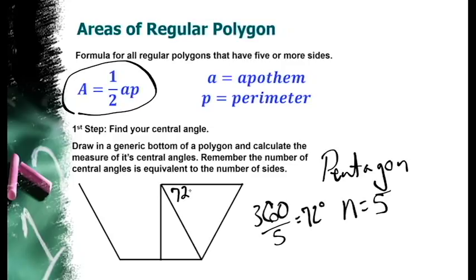So each central angle is going to be 72 degrees. Now remember that the apothem cuts the central angle in half, so half of 72 degrees is going to be 36 degrees. So this is just a general flow of how we're going to use that bottom half of the generic polygon to help us keep track of everything.